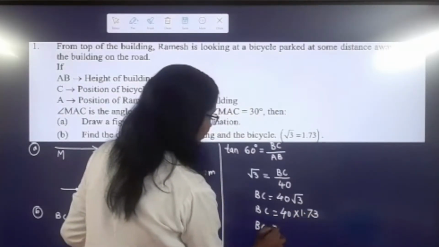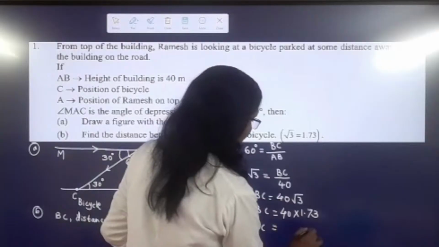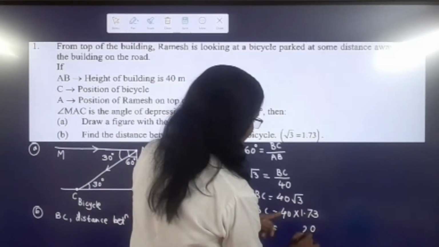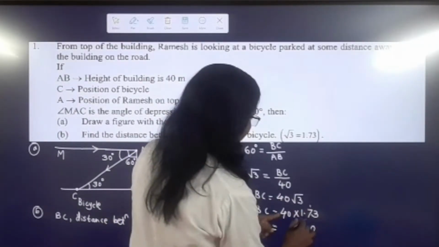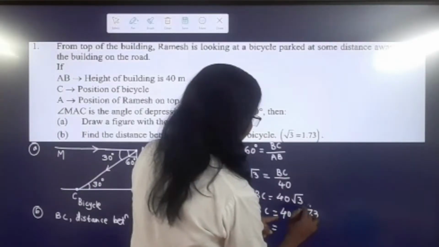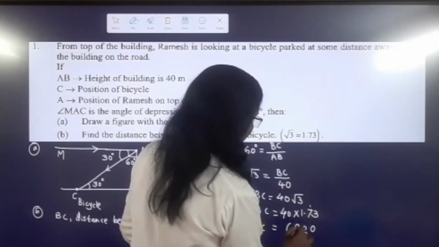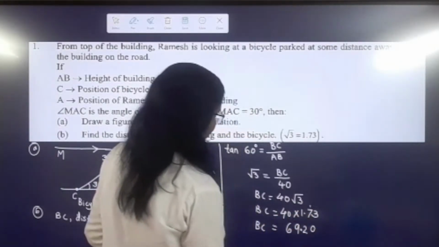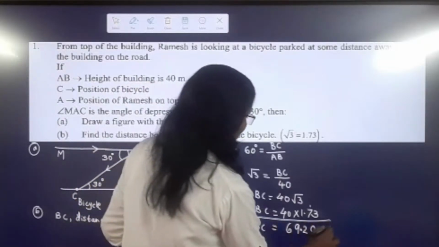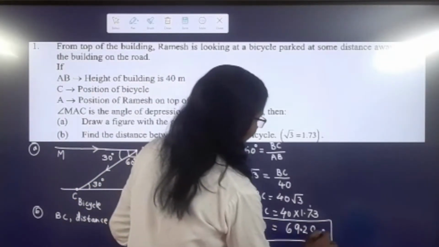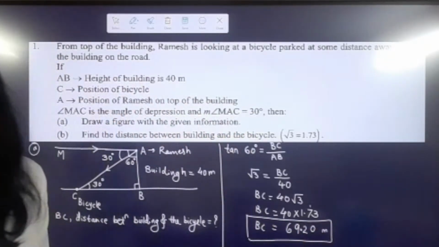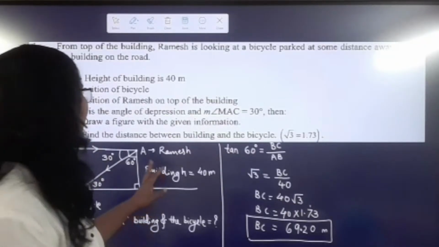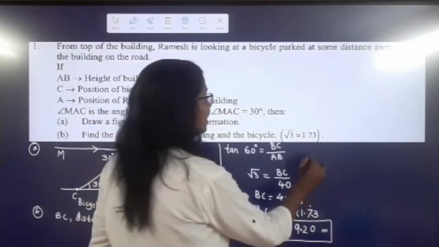And so, students, BC is equal to 69.20 meter. Okay, 69.20 meter. Okay, so here I write down the final answer.